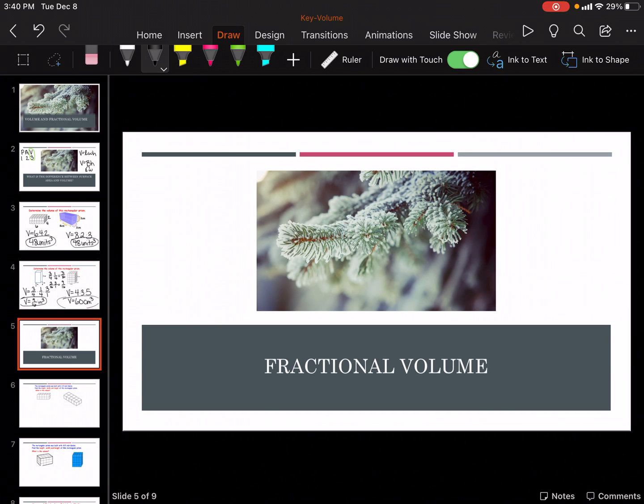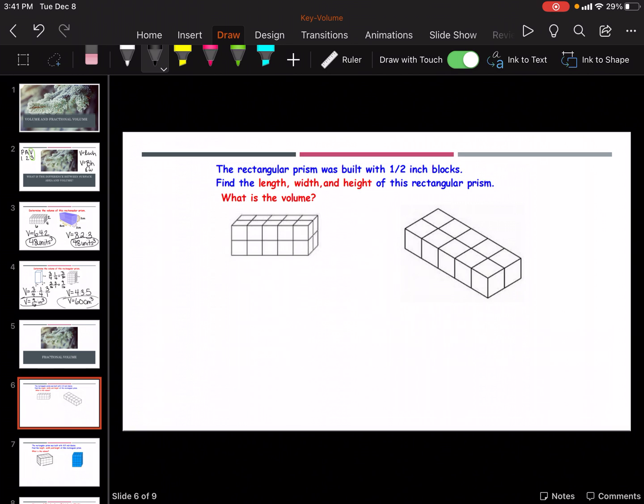So now we're going to do what's called fractional volume. That's when each cube is not 1 inch by 1 inch by 1 inch, but it's a different measurement. So let's talk about it. If each one of these squares is a 1/2 inch block, so this is 1/2, 1/2, 1/2, 1/2, and 1/2.